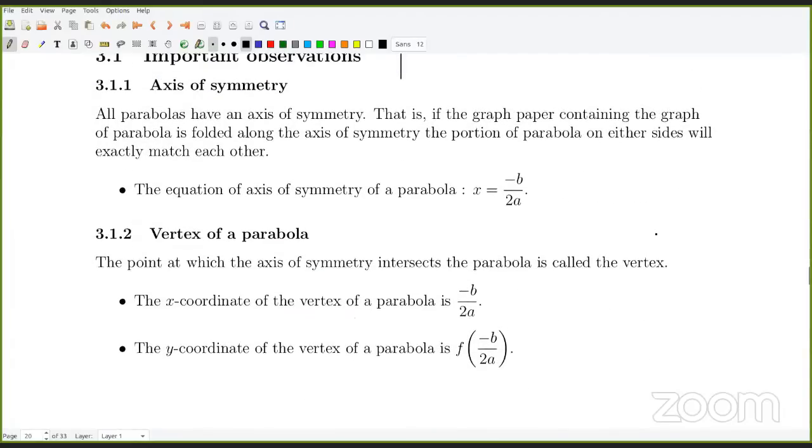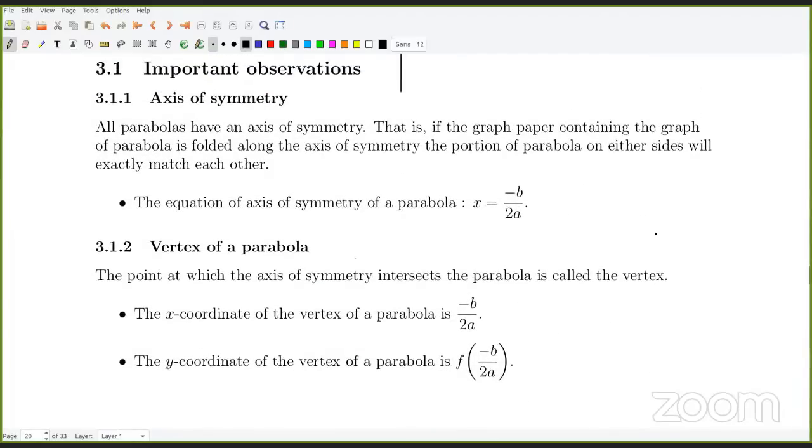Now the equation of the axis of symmetry is x equals minus b by 2a, for the quadratic ax square plus bx plus c. Since the axis of symmetry passes through the vertex, the x coordinate of the vertex of the parabola is minus b by 2a.